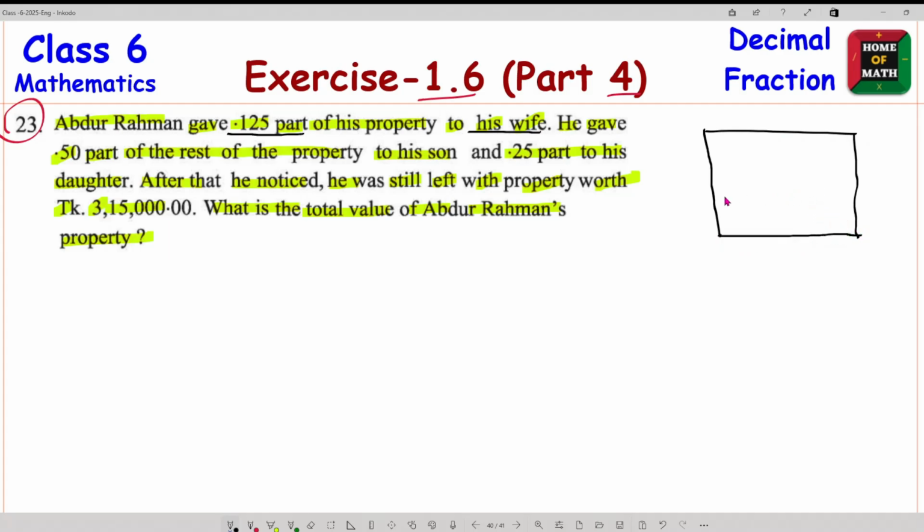From here he gave this portion to his wife, and from the rest, not the full, just 0.5 part, it means this one, he gave to his son, and then this one to his daughter, and this one is left.